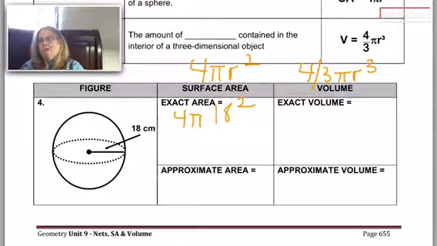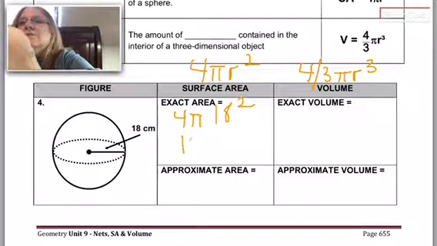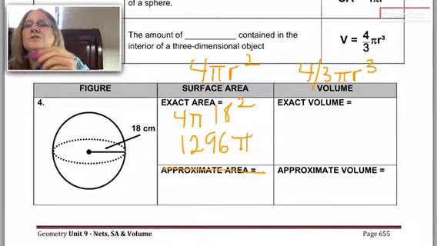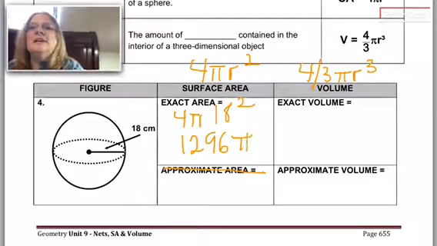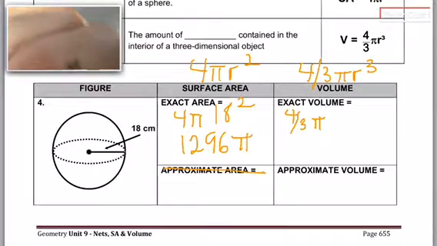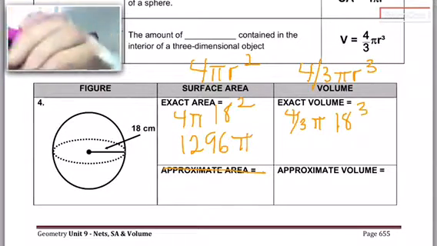18 squared times 4 is 1296. So this is 1296 pi. I'm not going to worry about approximate. You could just put that in your calculator if you needed the approximate. And now this is 4/3 pi and then 18 cubed.